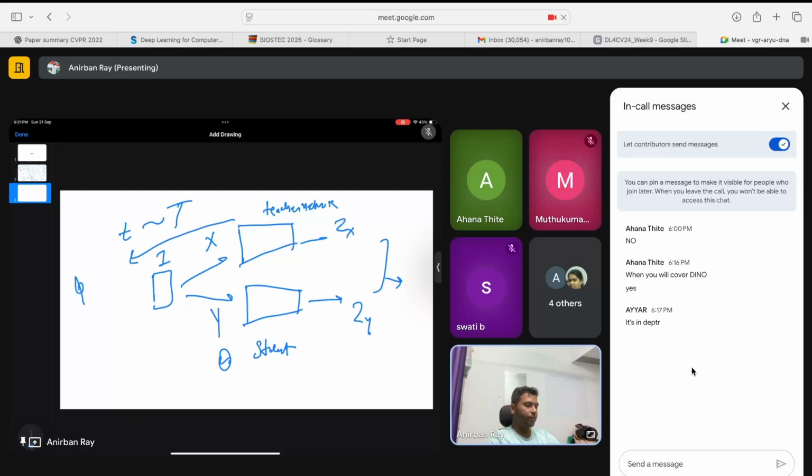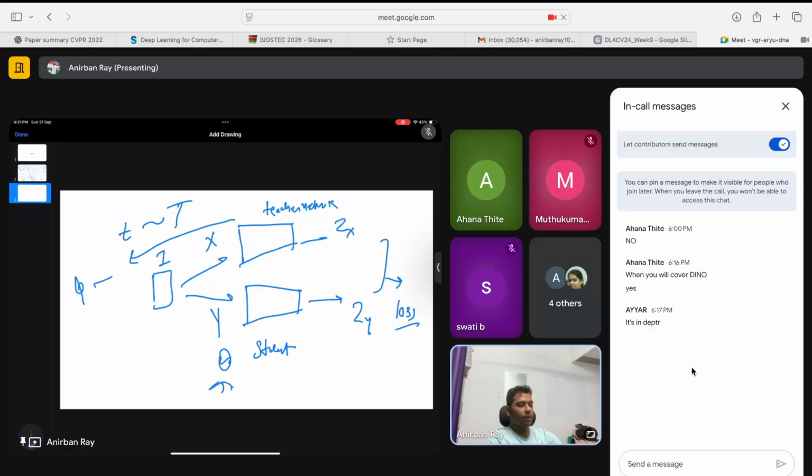The models have different parameters. Theta is updated using backpropagation. So the cross entropy loss is backpropagated to update theta.